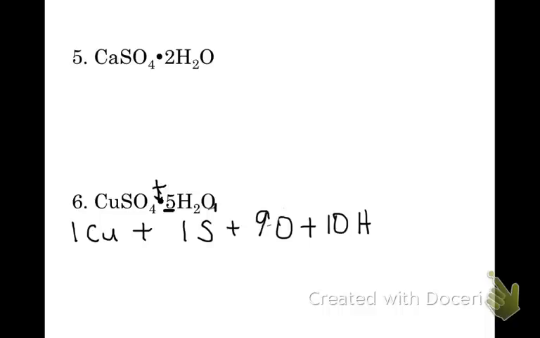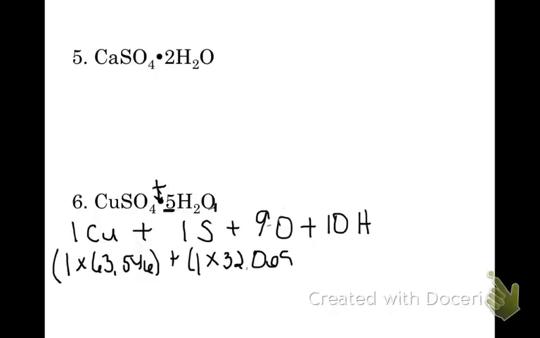Alright, so look up the atomic masses. 1 mole of copper is 63.546. 1 mole of sulfur is 32.065. And adding them up. And I have 9 moles of oxygen, so it's going to be 9 times 15.9994.